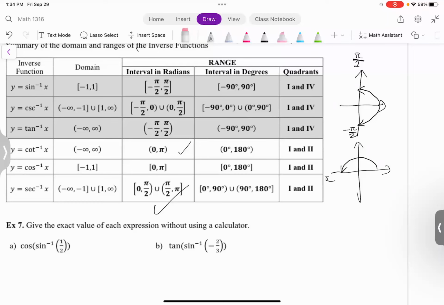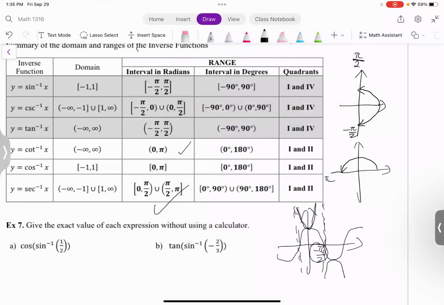If I have the graph of the secant, I need to graph the cosine. So for cosine and secant, they are head to head. These lines are the vertical asymptotes.